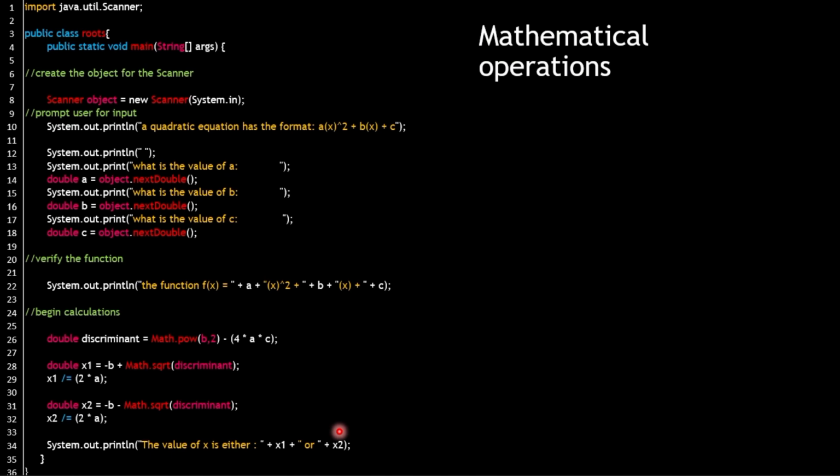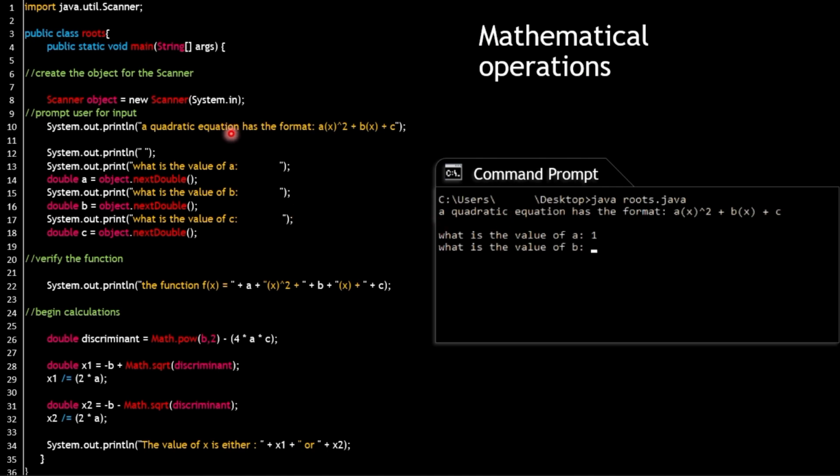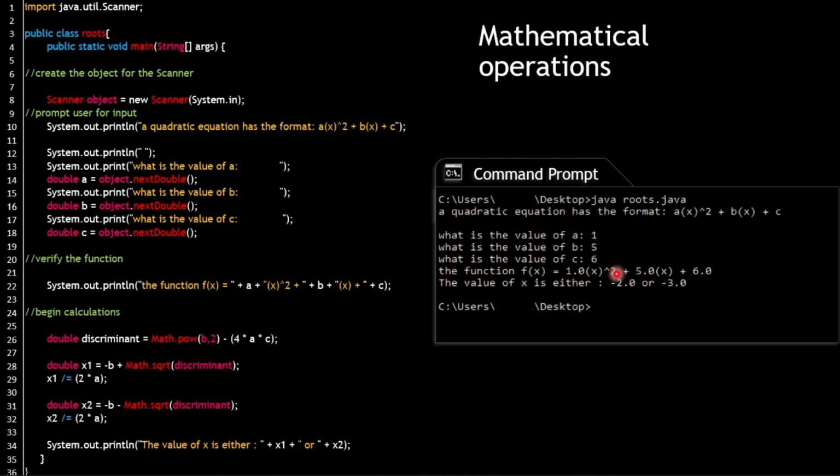We can use that and have our output. So we call java Roots.java, and we have our output, which says a quadratic equation has the format of this. So if we put in 1, 5, and 6, we have our function there: 1 x to the power 2 plus 5x plus 6.